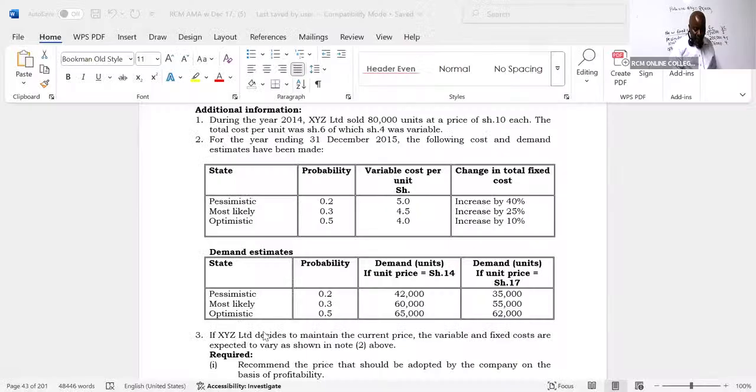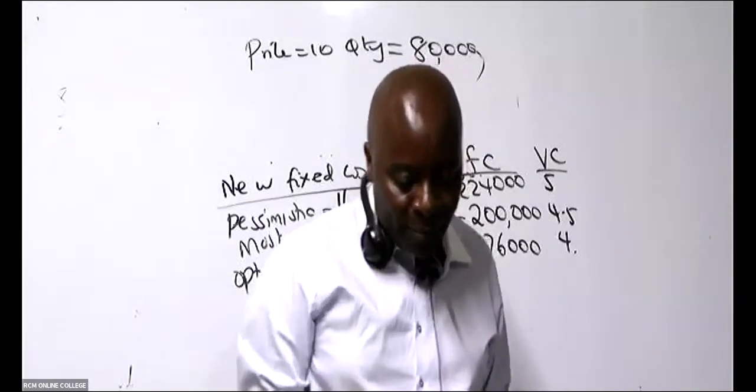If XYZ Limited decides to maintain the current price, the variable and the fixed costs are expected to vary as shown in note 2 above, and there is nowhere they're giving us information about this 80,000 quantity varying. So not a problem, ladies and gentlemen. We are wise people. We shall provide the 3 profits.